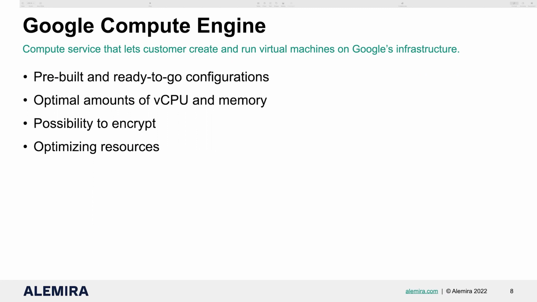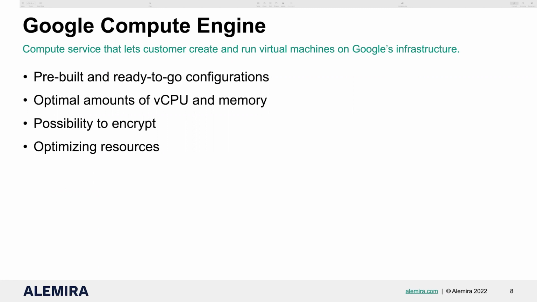For example, if you are working with some particular tasks on Google Compute Engine, you can pre-build an image, and after that, you can run it with different CPU and memory resources, and you can optimize it to your application.